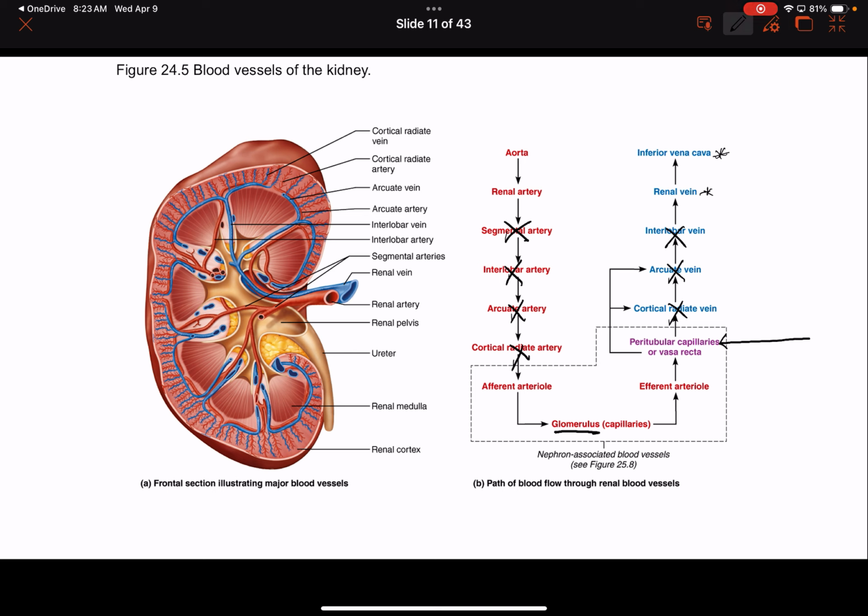I'll give you a second to write that pathway down. Write peritubular capillaries in that spot, and then right underneath that just put or vasa recta. I know the arrows and lines are a little bit off. I didn't realize that it happened that way when I printed it, but you can make room.